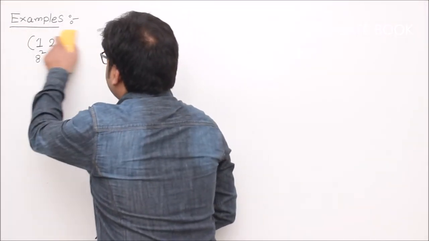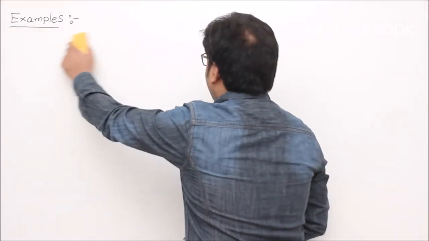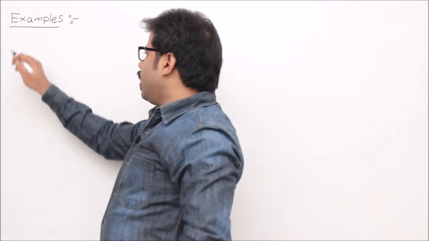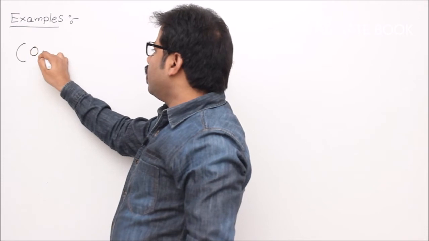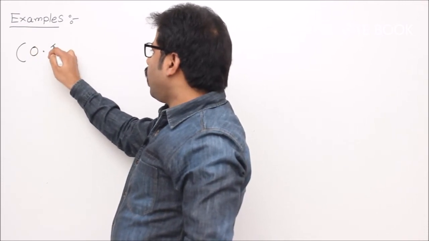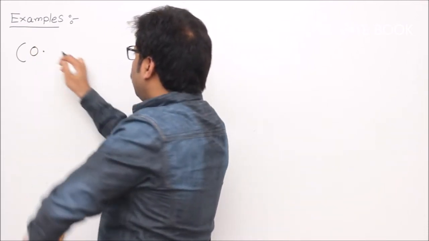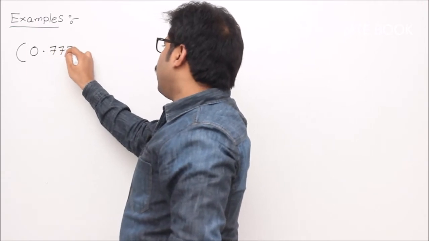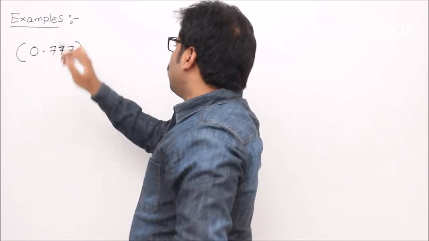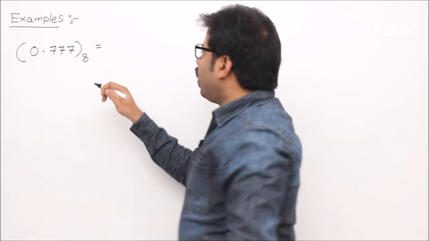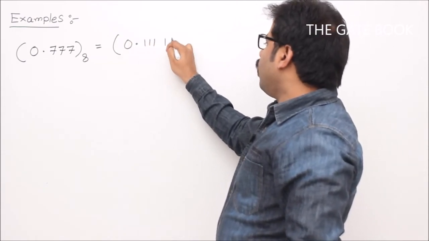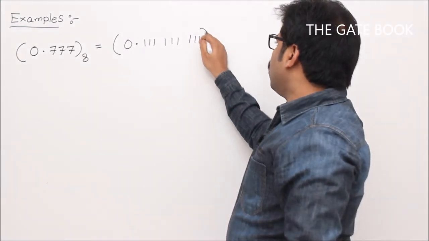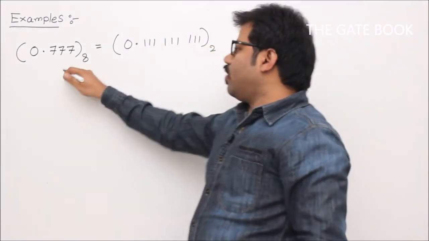Second thing, if you have octal, how to convert it into binary? Example, let's say you have 0.777. When you have 0.777 in octal, what I would like to tell you is it is equivalent to 0.11111111 base 2. These two are equivalent.